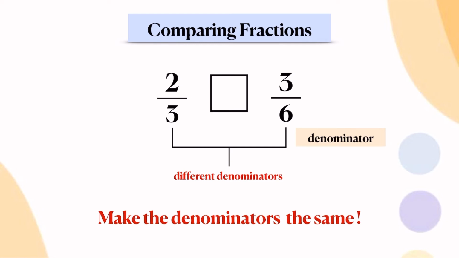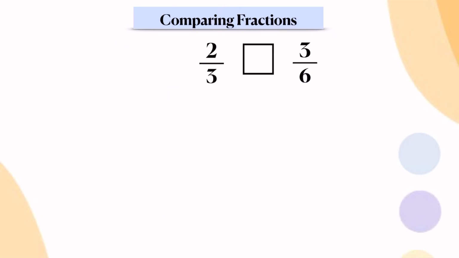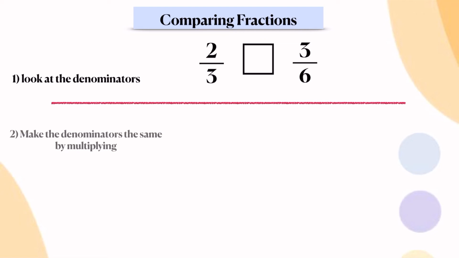Let's see. We have 2 over 3, right? And we have 3 over 6. So first, look at the denominator. They have different denominators. So make the denominator the same.